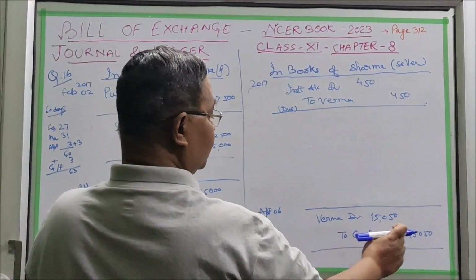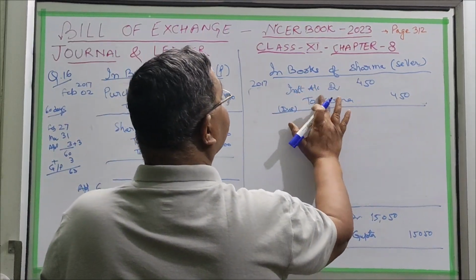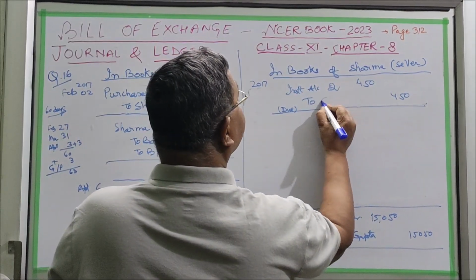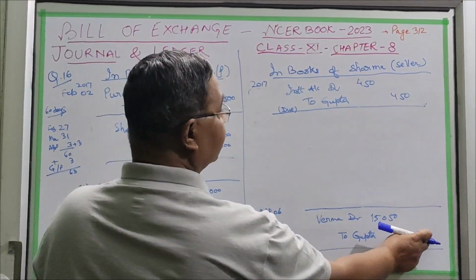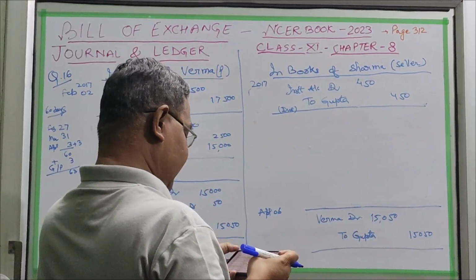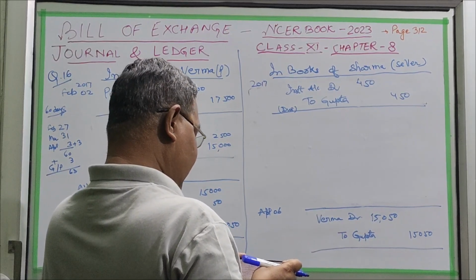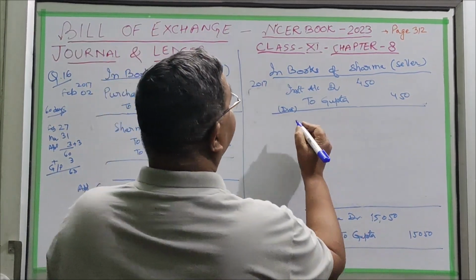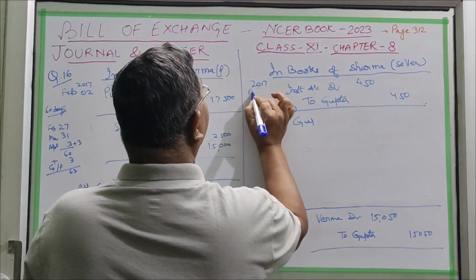Now Verma has to receive how much? To Gupta, because Gupta is charging. So now we have to pay Gupta 15,000 plus this, 15,500. So Sharma settled his debt to Gupta by check of 15,500. These are all April 6.